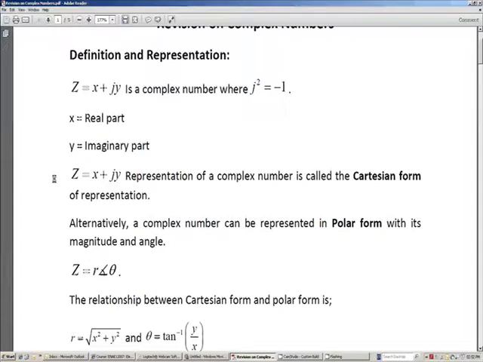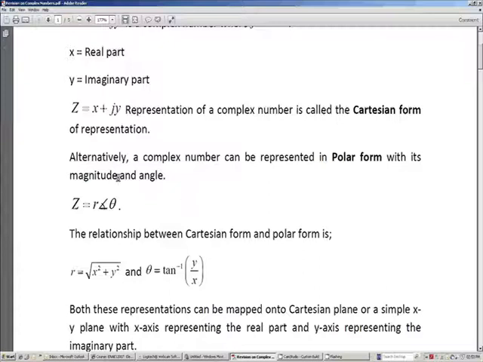This representation, x plus jy, is called the Cartesian form of representation, where x and y can be used as x and y coordinates of an xy plane, so that we can plot the particular complex number on the xy plane. That's why we call it the Cartesian form.